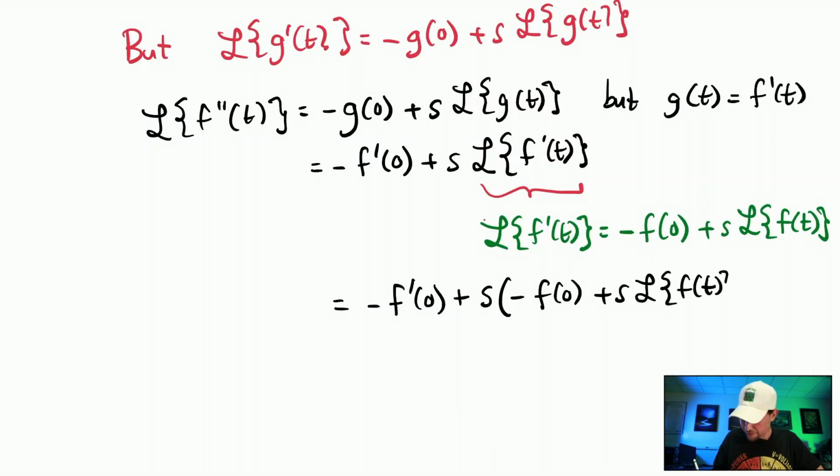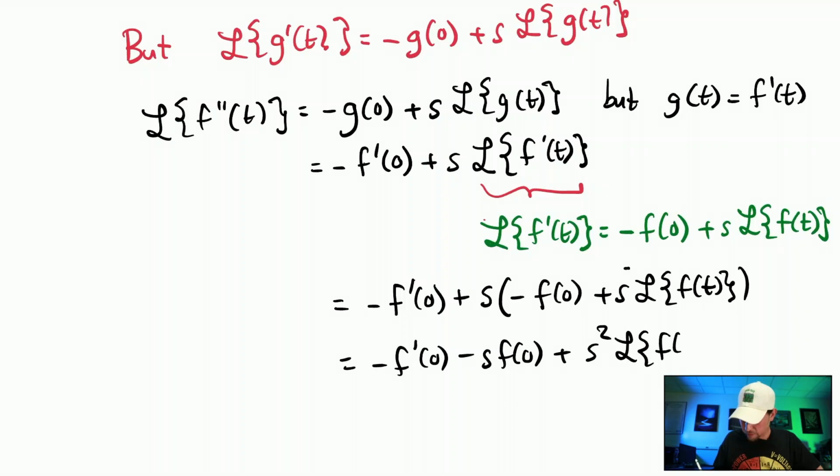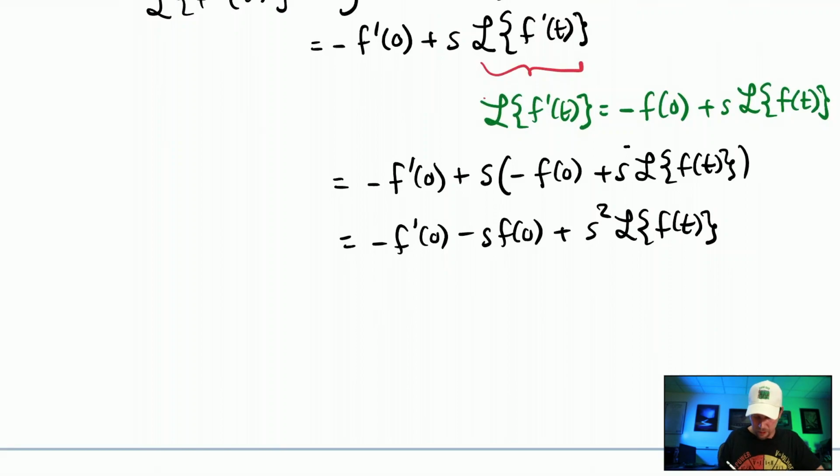And if I distribute everything, what this turns into is minus f prime of 0 minus s times f of 0 plus now s squared times the Laplace transform of f of t, like this, and this actually answers our question.